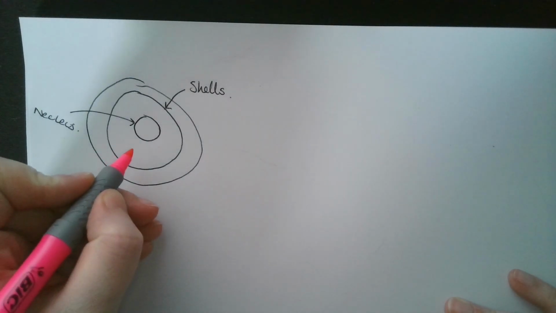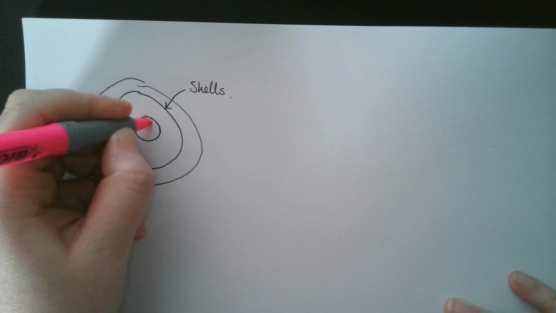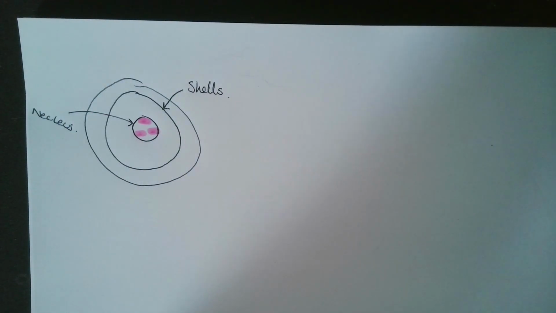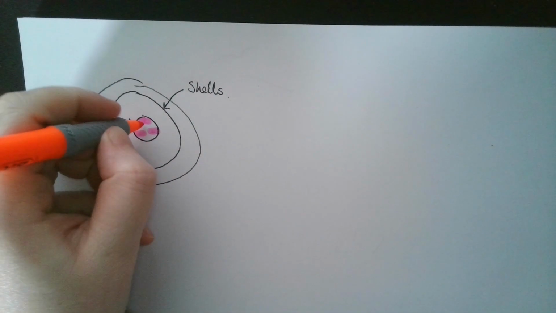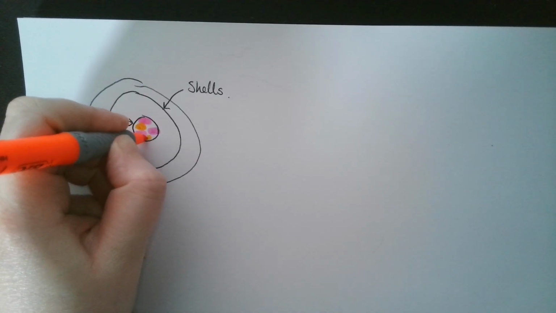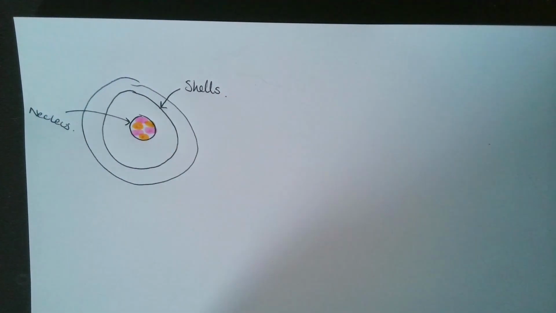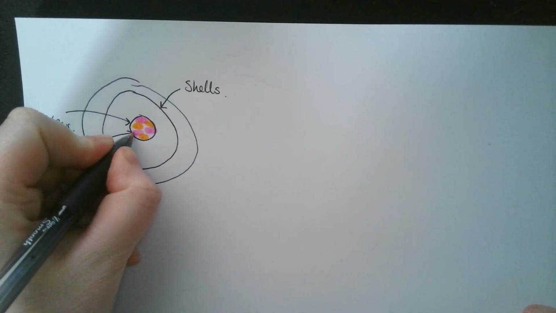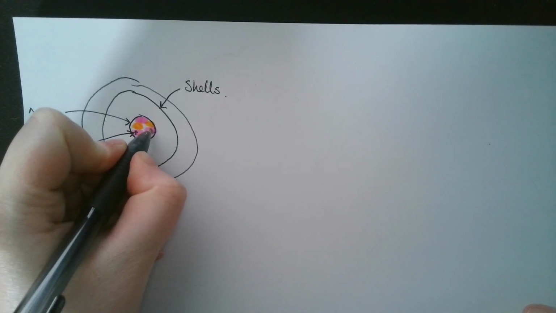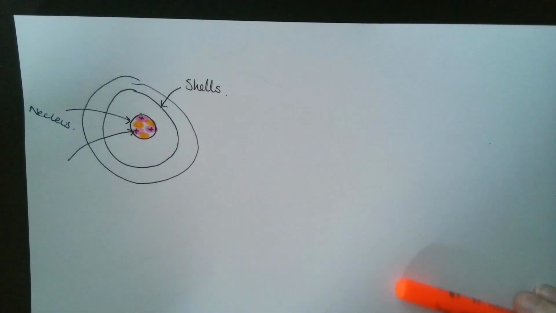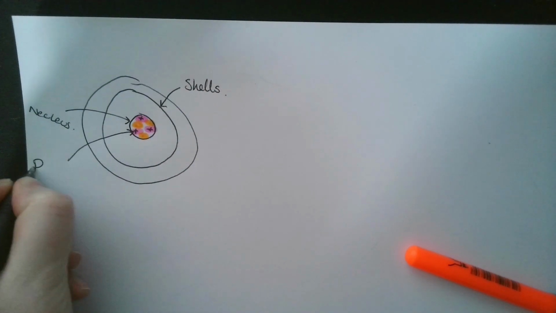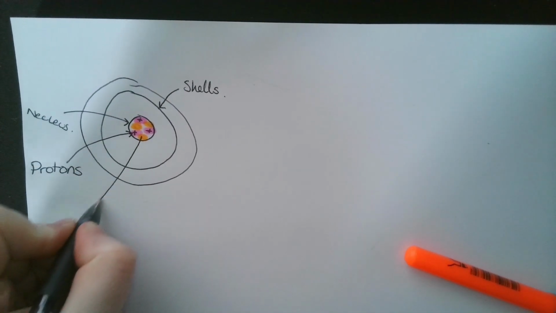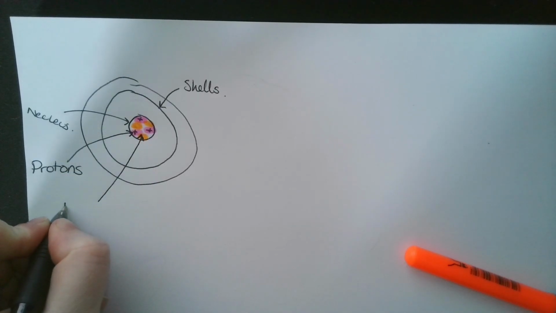So within a nucleus, there are two kinds of particles. Pink, these are protons. And along with them, we have neutrons.